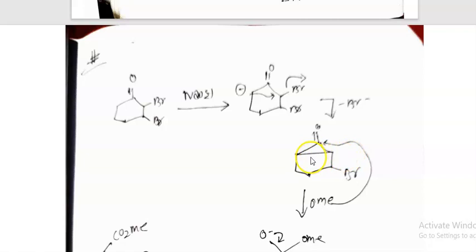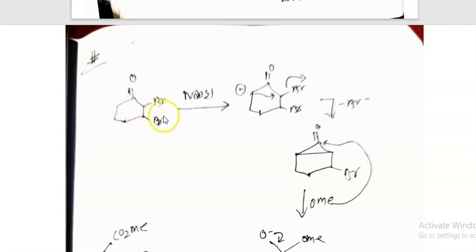Okay, so in this compound you can clearly see there are two halogen groups. The most important thing about Favorskii rearrangement is that the halogen group must be present in order for this type of reaction to happen. This is the basic criterion of Favorskii rearrangement, that the system must be an alpha halogenated ketone.